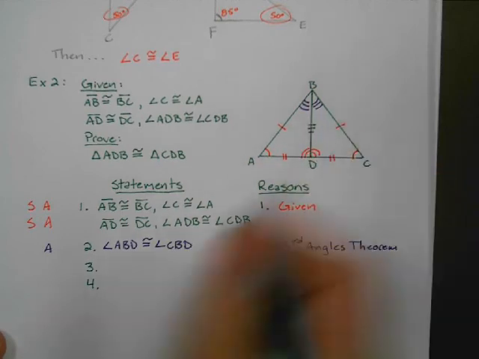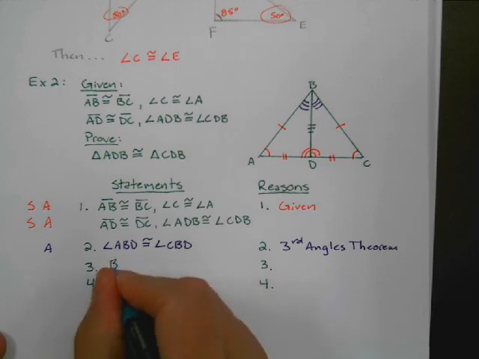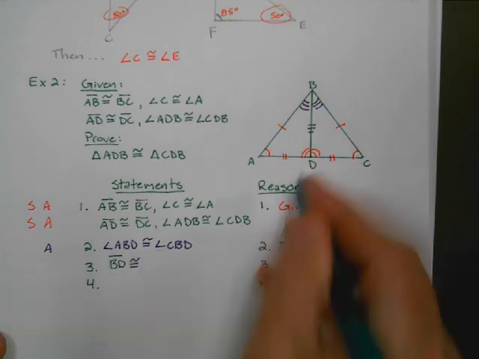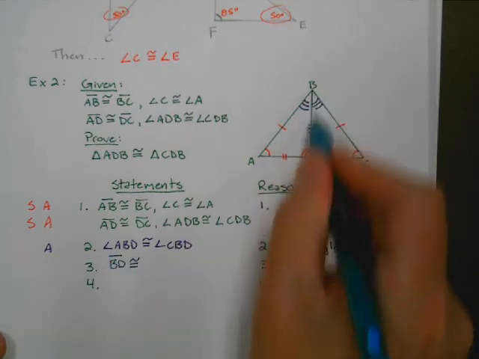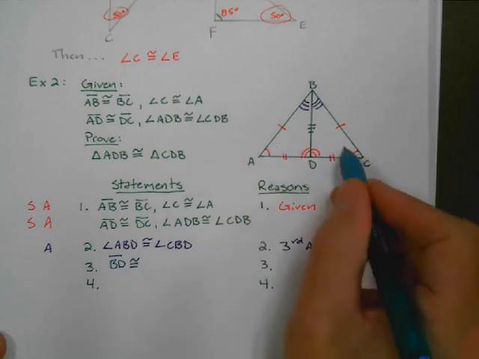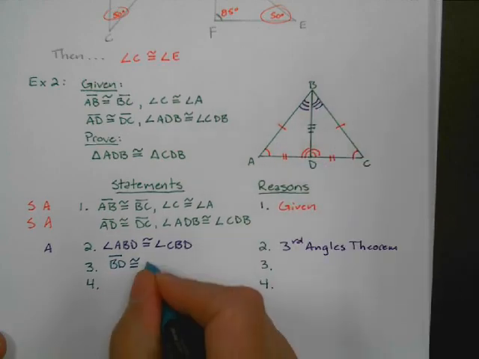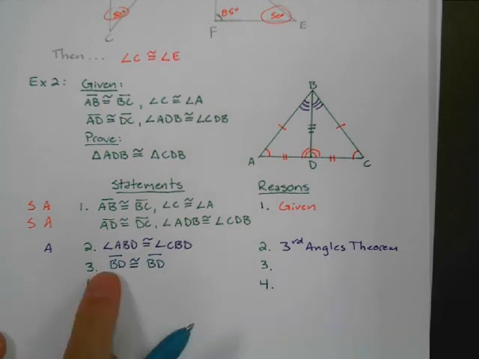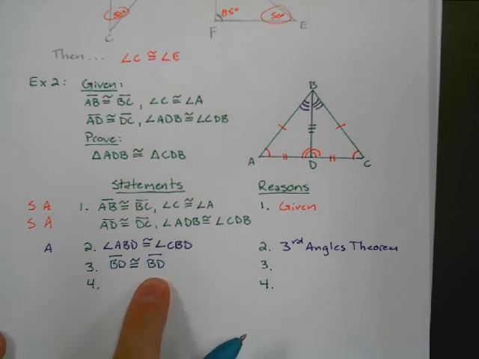Well, that's pretty obvious, right? So BD from this triangle, so this side from this triangle, is equal to BD from that triangle. It's almost too obvious that it seems like we shouldn't have to write it, but we do.